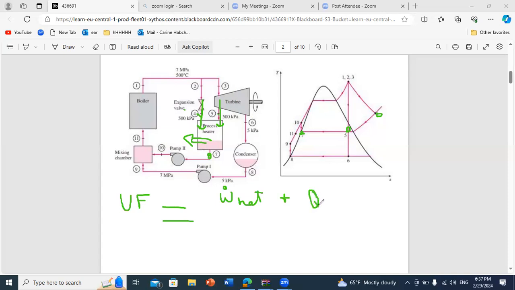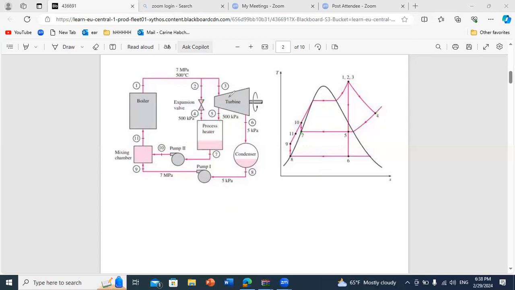Of course, the useful one, if we have a percentage, you multiply Q dot max by the percentage given over Q dot N. And now we have to evaluate what is W dot net, what is Q dot process, and what is Q dot N. Let us start with W dot net.